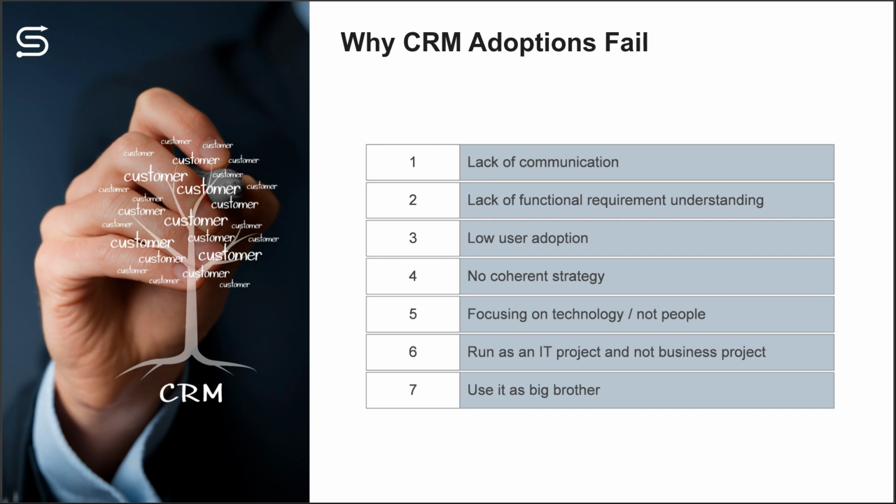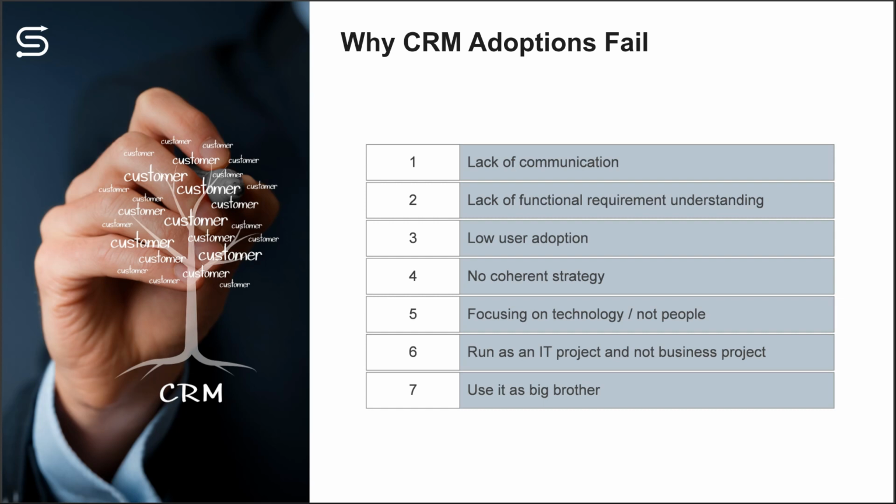So in some places where we go in to help a client, sometimes they may have a bad experience with a past CRM adoption. And from our experience, it's these reasons. So number one is lack of communication. So it's all about communication. CRM systems are to help increase and make communication easier.